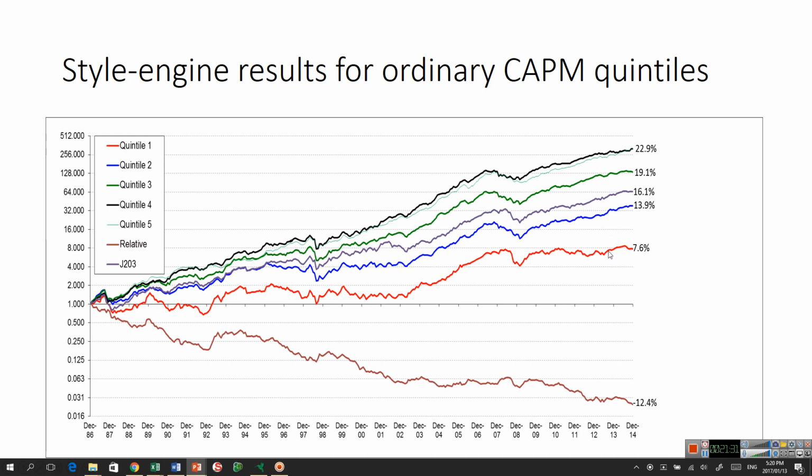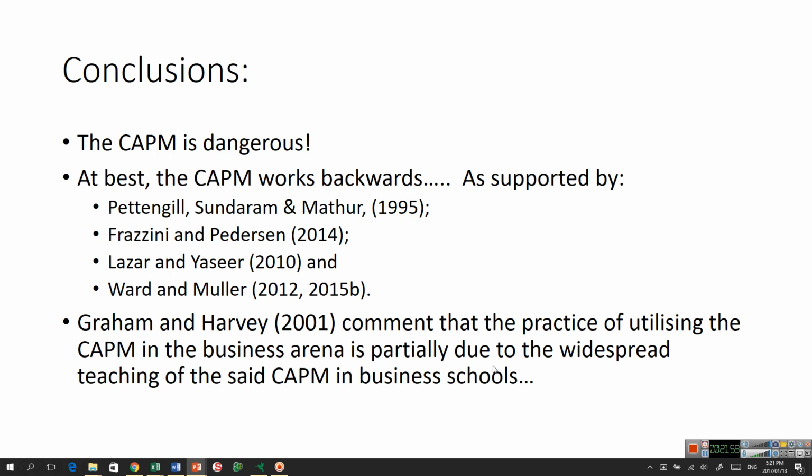And also the sequence of these goes red, blue, green, black, and green here, which is exactly the inverse of what we're seeing through here. And again, this is what this price relative is showing us here. That is just looking at the difference between the red line and the black line here. It goes pretty steadily downhill all the time, which shows us consistently that the CAPM, if it works at all, works backwards. So let me conclude by saying, firstly, the CAPM is dangerous.